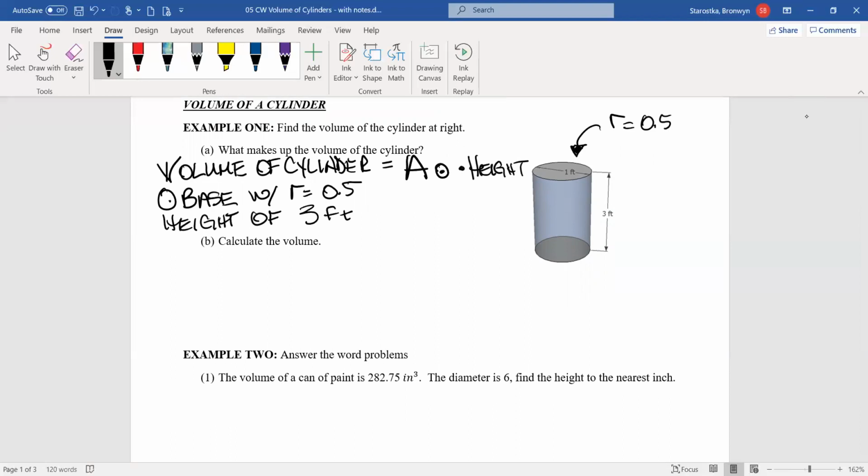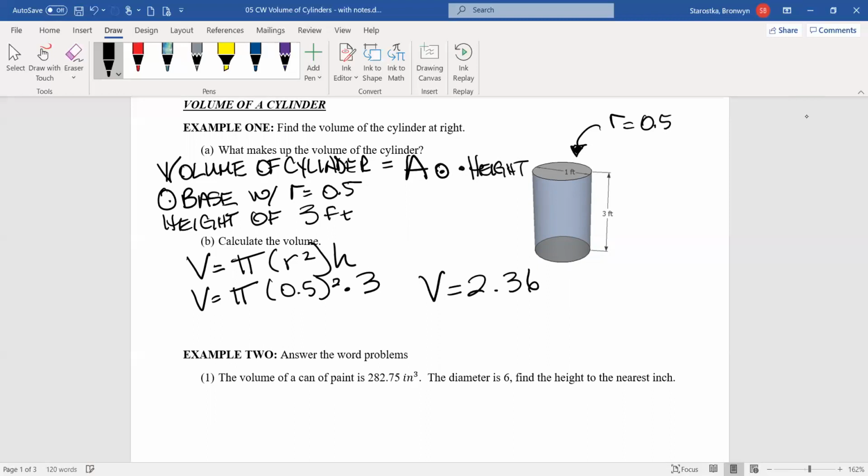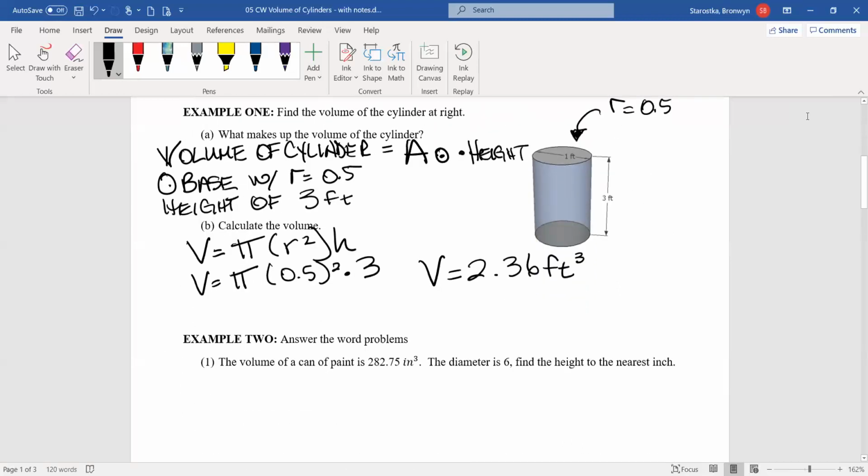If we were to calculate the volume equals pi r squared h, or volume equals pi 0.5 squared times 3. And when we plug that into our magic calculator, we get volume equals 2.36 feet, and our units for volume, cubed. Did I do the right units up here? Yep, I did.